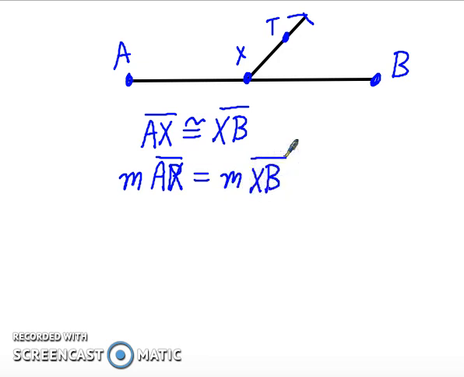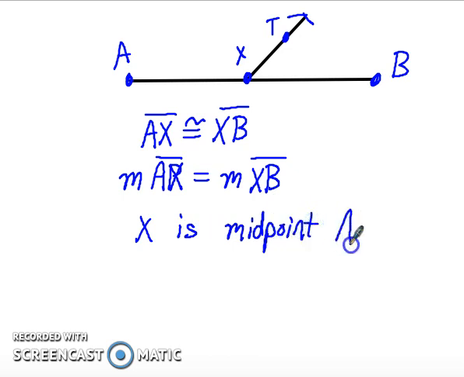When we have a segment bisector, XT is a segment bisector, then that means that X is the midpoint of AB. So there's some clarification on segments, as far as adding segments, measuring segments, and knowing the difference between being in between and a midpoint.